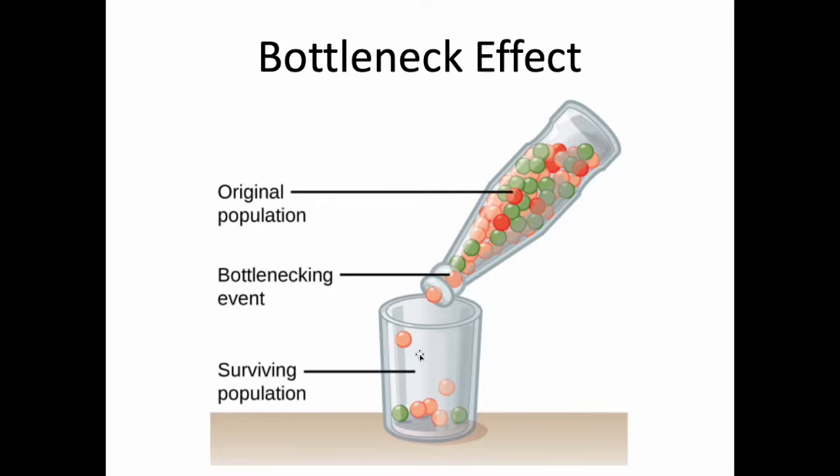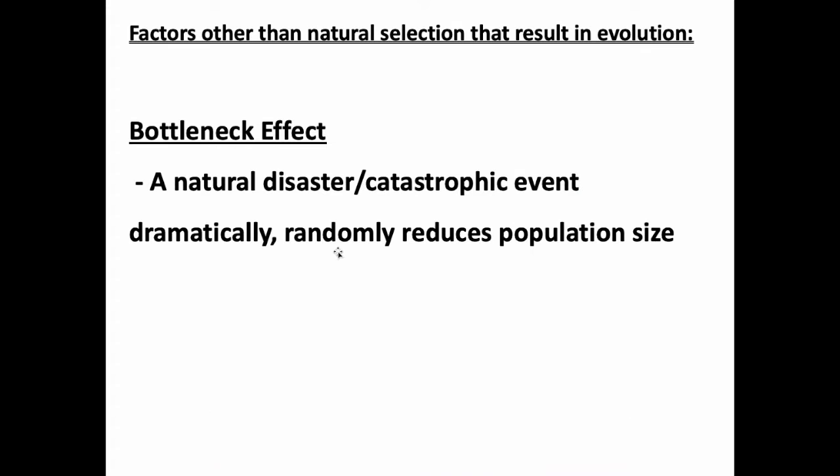The ones that survived, again, were not because they had some allele or trait that helped them survive. These survivors survived because of randomness. Whatever this disaster is, this wildfire, this hurricane, this earthquake, this volcanic eruption, it's randomly killing almost everything. The survivors are chosen randomly.